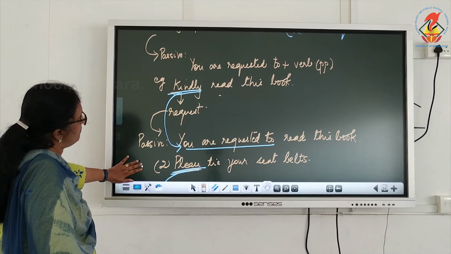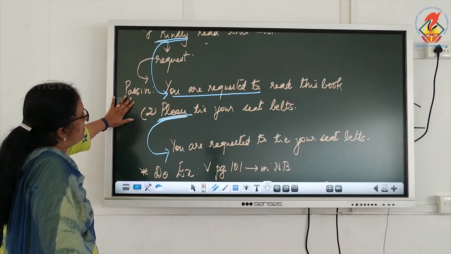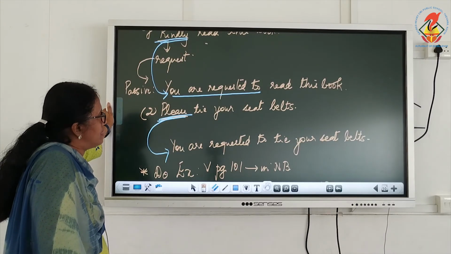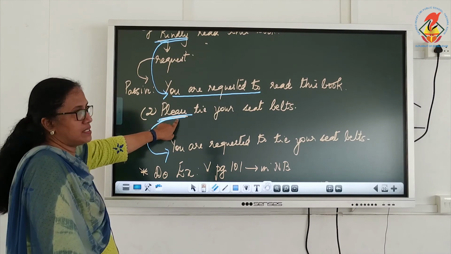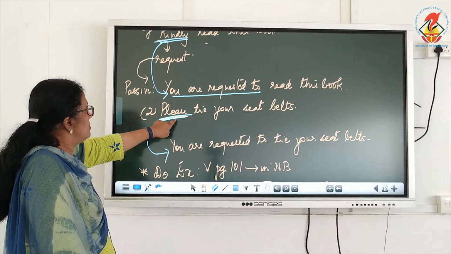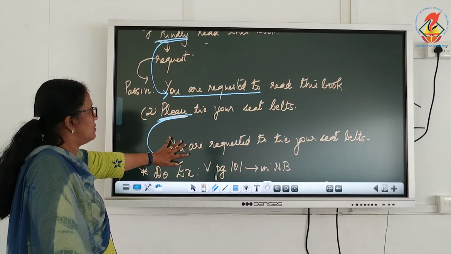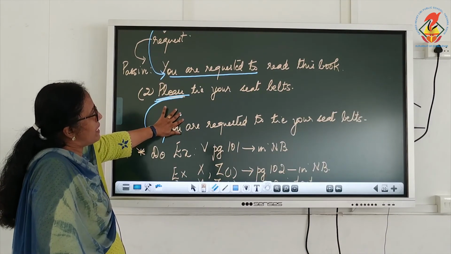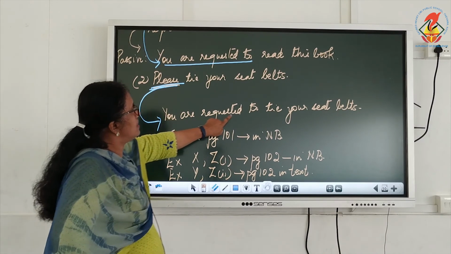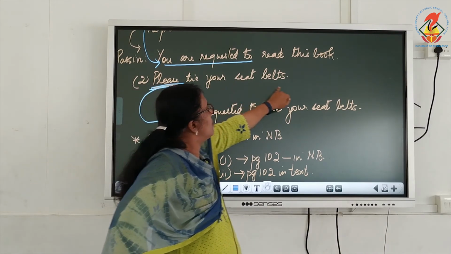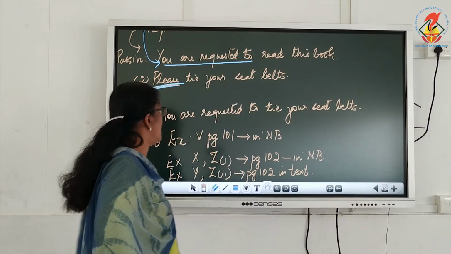Now, if you have the sentence "Please tie your seat belts," here again "please" is a request. You will replace the word "please" with "You are requested to": "You are requested to tie your seat belts." That is how you are going to do it.